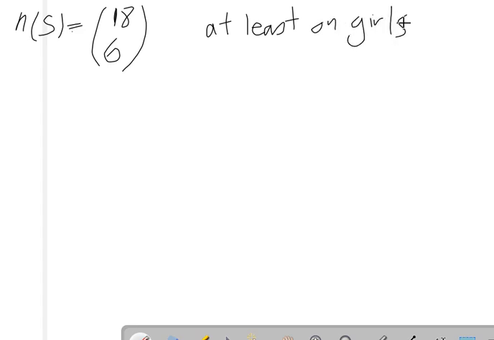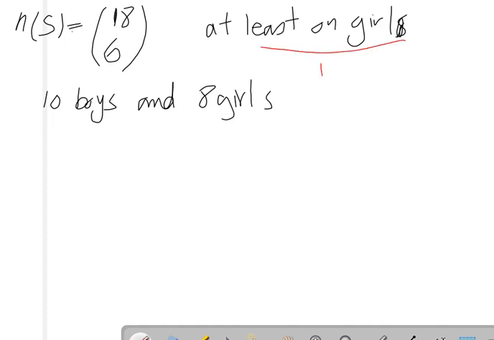Okay, at least 1 girl means 1 girl, 2 girls, 3 girls. Please note that we have 10 boys and 8 girls. So at least 1 girl means 1 girl, 2, 3, 4, 5, and 6, because there are 6 people in the group.